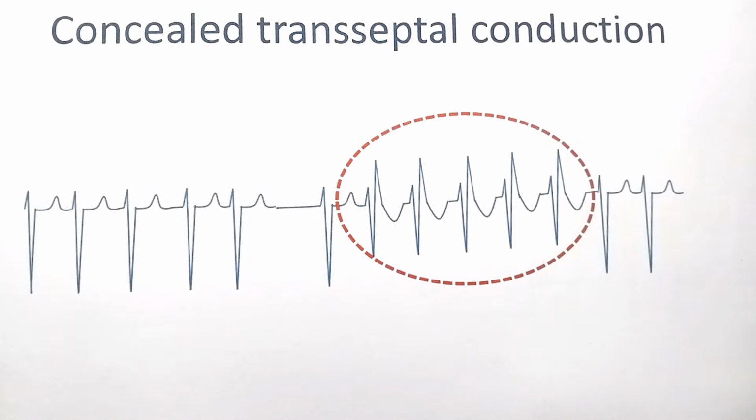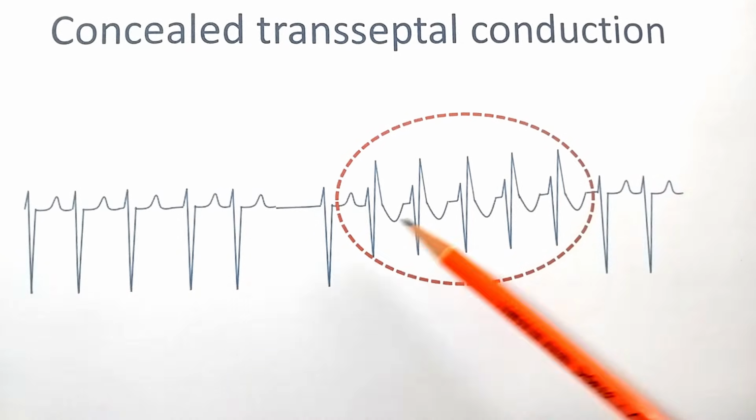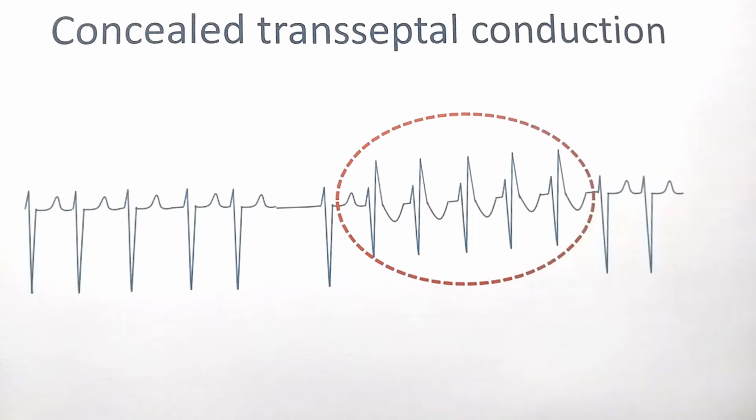Sometimes another interesting phenomenon occurs in Ashman phenomenon. That is, this type of sequence may be seen. At one look, we'll think that it is a run of ventricular tachycardia, non-sustained ventricular tachycardia.